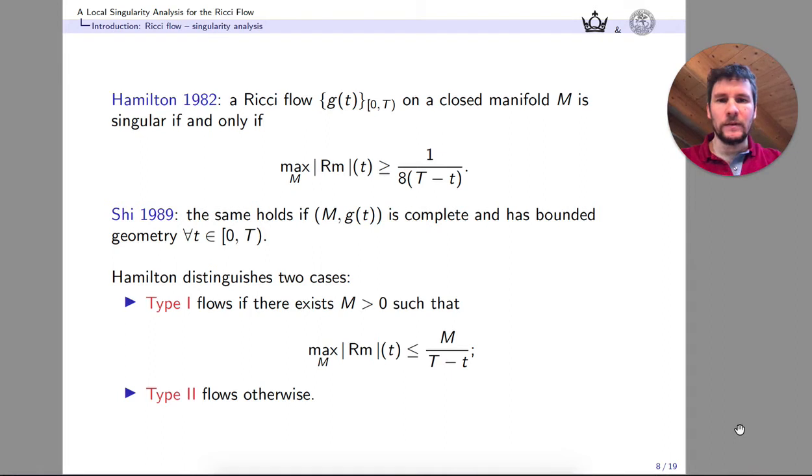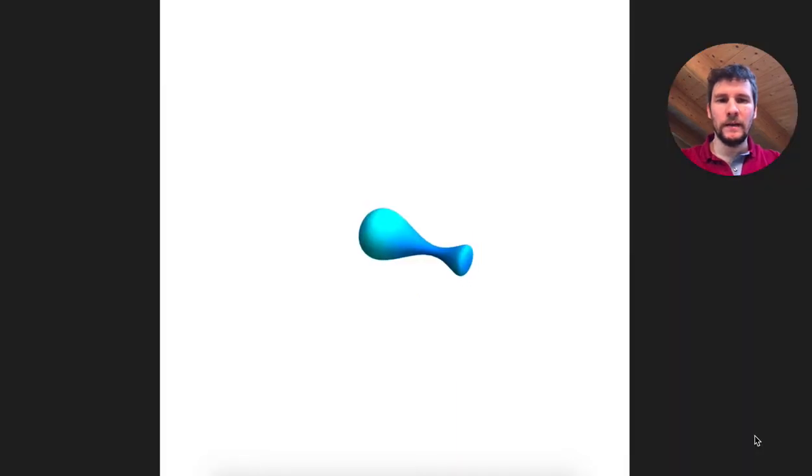If we want to construct a type 2 flow, we can do so by looking at what is called a degenerate neck pinch, where the two dumbbells do not have the same size. So let's also look for a second at a picture of this. Okay, here we have this degenerate neck pinch. So notice that one of these spherical bits is smaller than the other and is therefore more highly curved and shrinks faster.